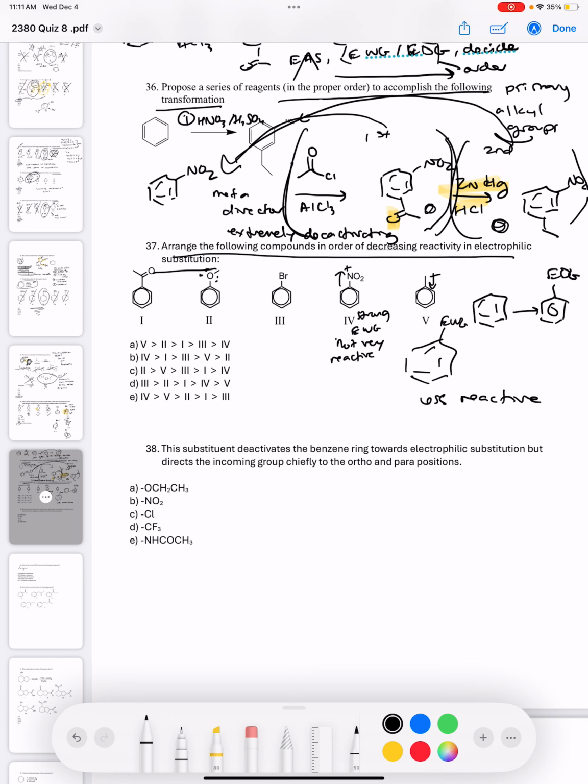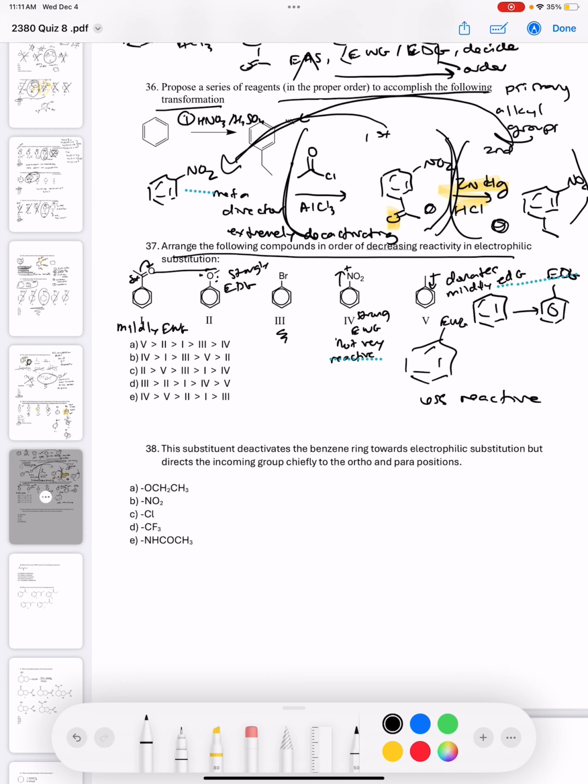Methyl donates electrons, so this is mildly electron donating. And so I just sort of go through like this, knowing acyl group has that resonance structure where this is partially positive, so this is mildly electron withdrawing. This is strongly electron donating because it has those resonance structures.